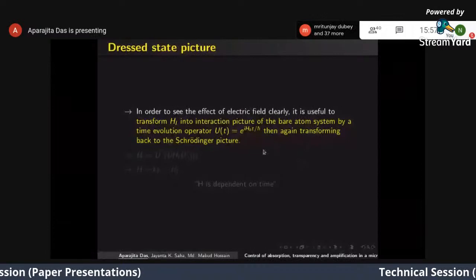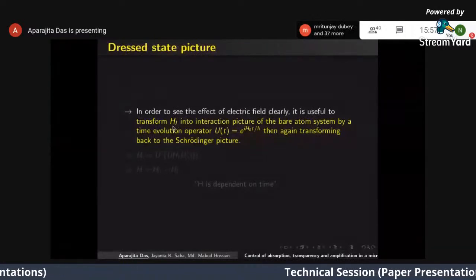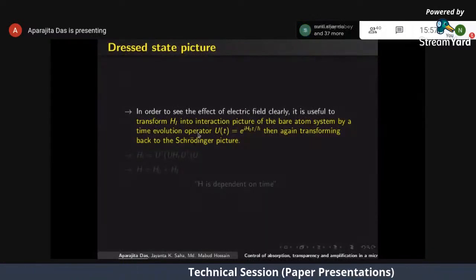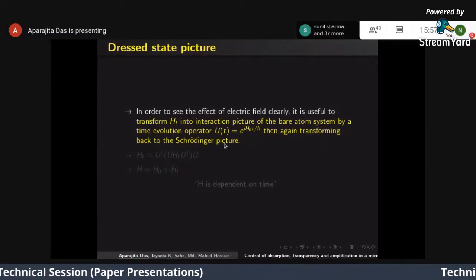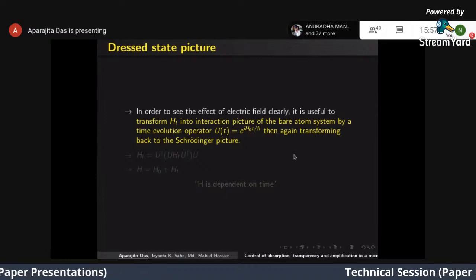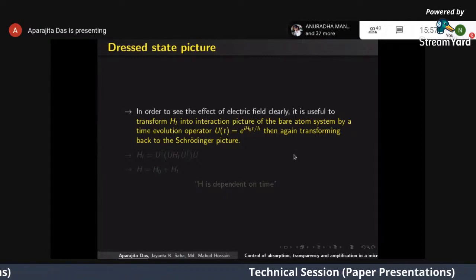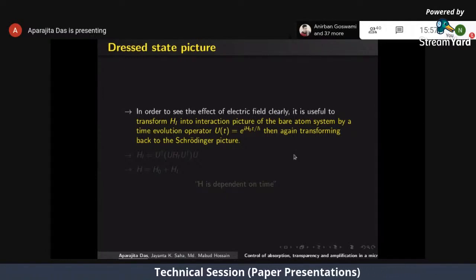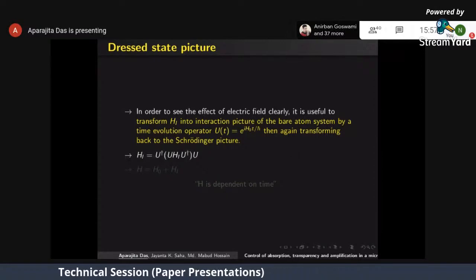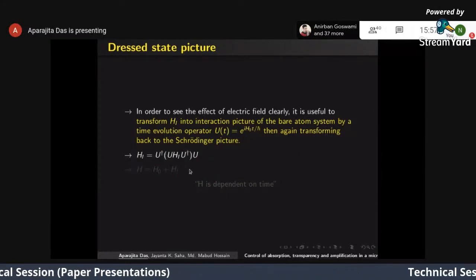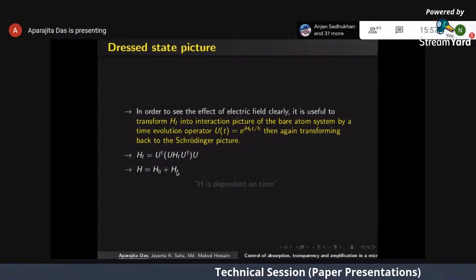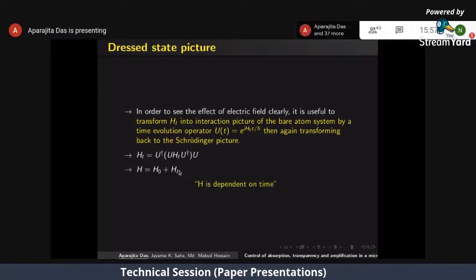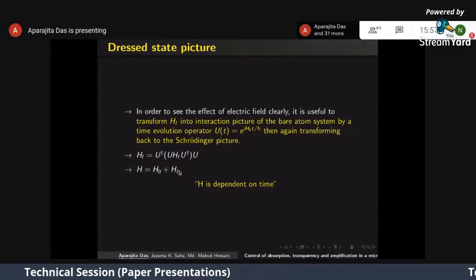For this purpose, it is very useful to transform the interaction Hamiltonian into the interaction picture of the bare atom system by a time evolution operator given by this, and then retransform that Hamiltonian to the Schrodinger picture by this relation. Then, adding the bare atom Hamiltonian and this H_I interaction Hamiltonian, we get the total Hamiltonian, which becomes dependent on time.